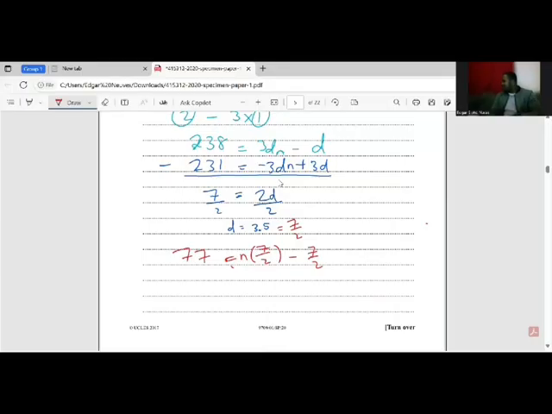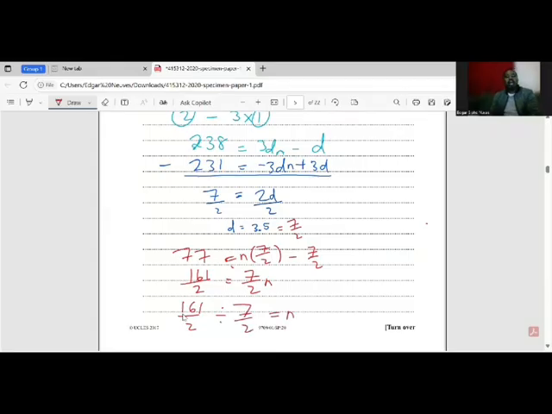When I do that, I get, looking here, let me work it out. Stop looking on the paper. 77 plus 7 over 2, it's 161 over 2. And now I'm left with 7 over 2n. Then I divide both sides by 7 over 2. So 161 over 2 divided by 7 over 2.